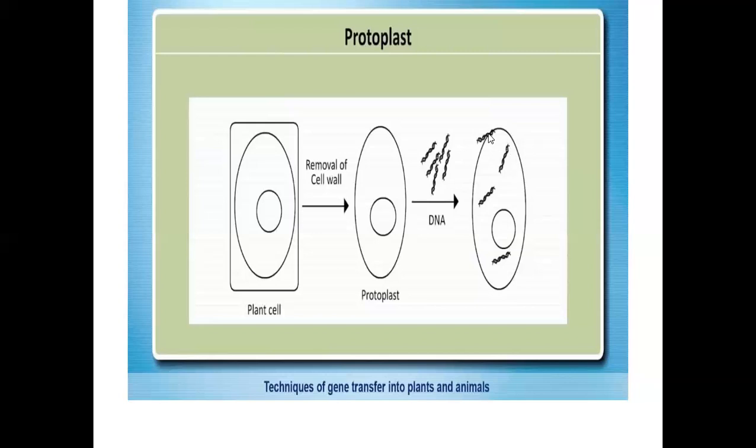With the help of the pore-like structures, the target DNAs easily enter into the plant cell. It is one type of gene transfer technique in plants by the chemical methods. This type is called chemical gene transfer techniques.